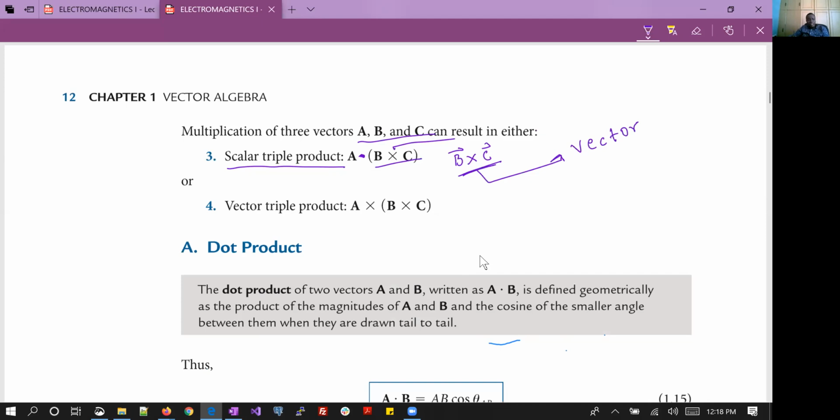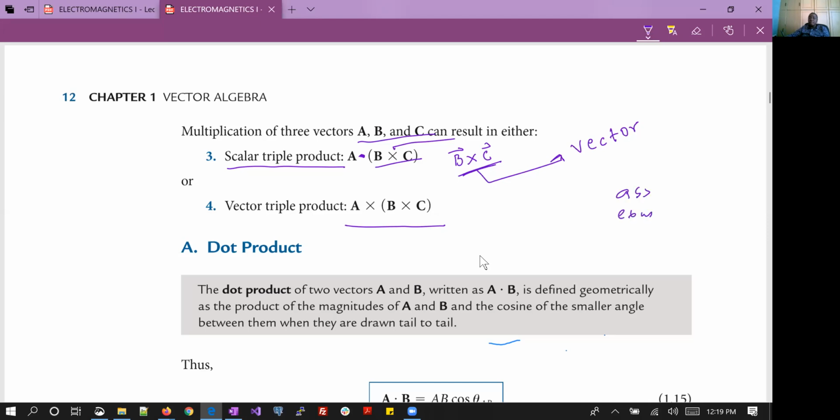Now, the last concept is vector triple product, where you have a vector A crossing with vector B cross vector C. And we will try to find out if these multiplication laws follow the rules of association, commutation, and distribution.